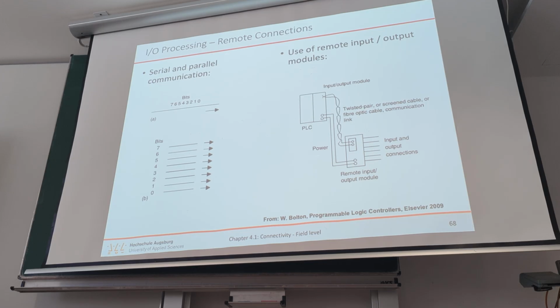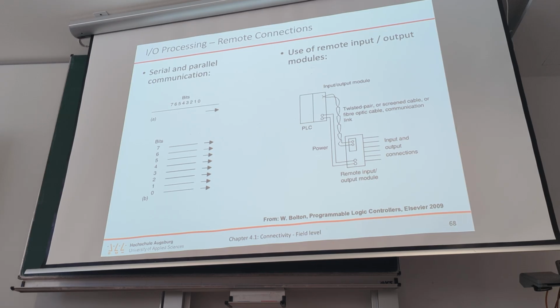That's then our remote input and output modules, which is a very typical scenario where you have the PLC sitting in the cabinet, and then you have the I/O gathering the information out in the field at a point that is nearer to the sensors and actuators.